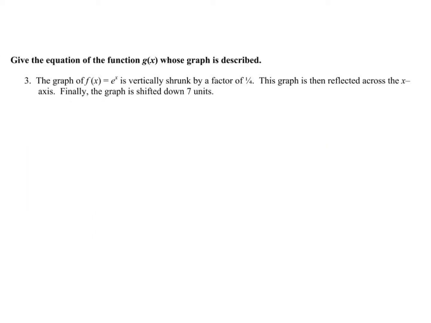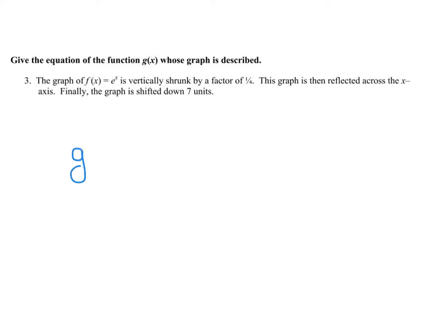Okay. Let's kind of switch directions here. Our next one says, write the equation of the function g of x whose graph is described. So we're told that f of x is our natural exponential function. It's vertically shrunk by a factor of 1/4.